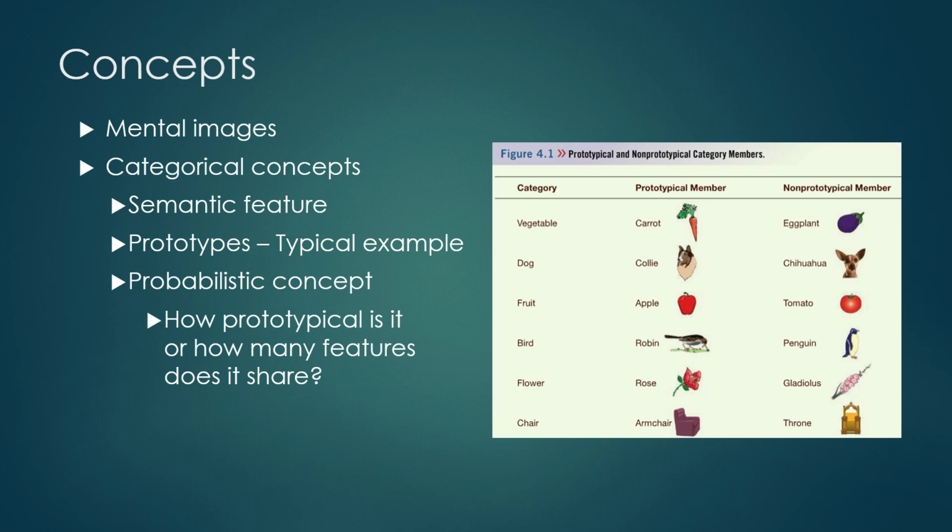So how prototypical the example of a thing that we are referring to with a particular word will be is based on how many features it shares with other things that can be labeled with that word. This is not just the case of nouns, but all concrete words.